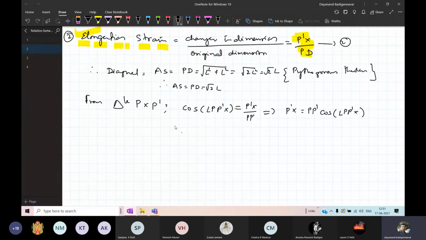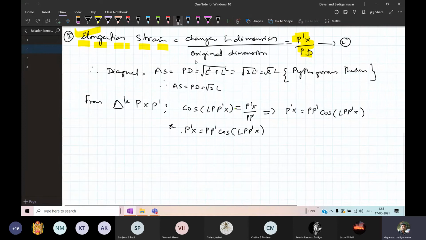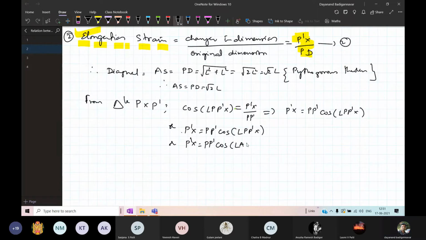Now I have to find this angle P'X, or I can just write it as R. P'X is equal to P' into cos of, I will write this as angle AP'D. This is the angle I will write.